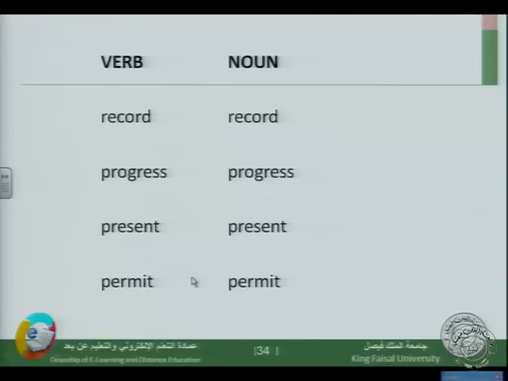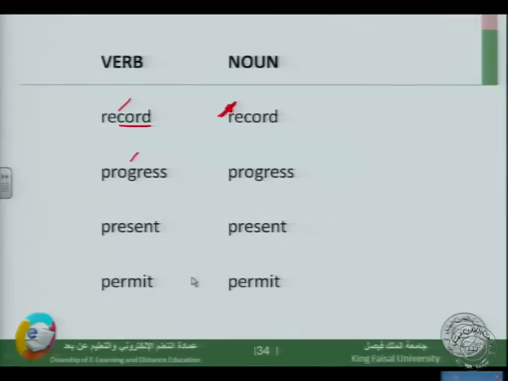So, if you say record, the stress should be on the first syllable, and it is a noun. Whereas with the stress on the second syllable, record, it means a verb.